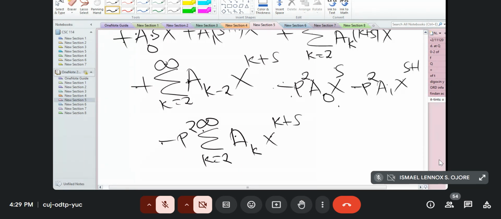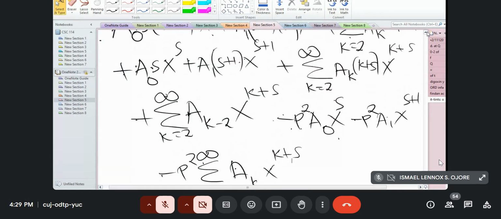Once you have this, you now collect the like terms together. So start with terms raised to power: we have coefficients of x power s, coefficients of x to the s plus 1, then coefficients of x to the k plus s. So let's start with coefficients of x to the s.